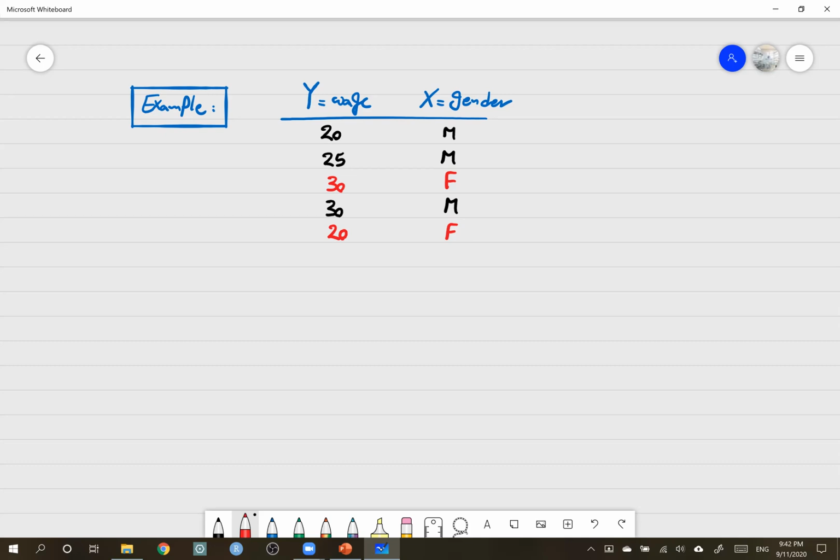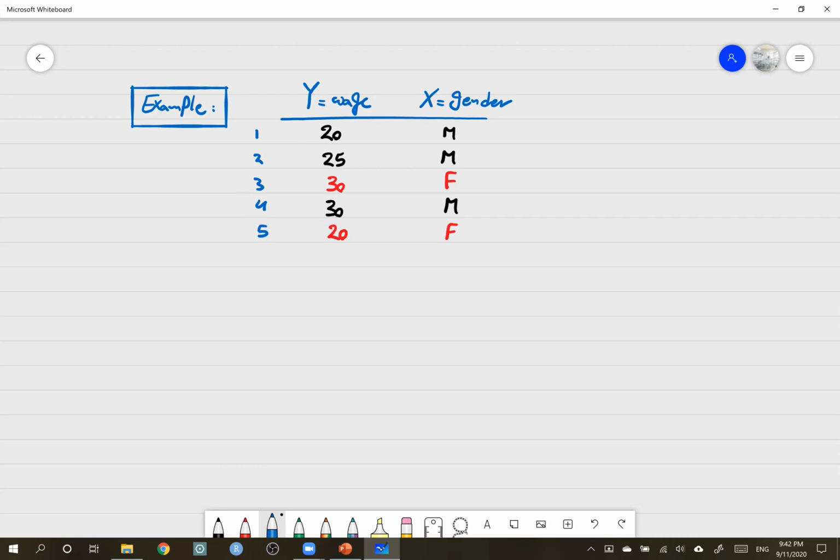Now, imagine I have 5 observations in this data set, and these are the numbers. Observation number 1 is a male with a wage of $20 per hour. I'm going to color code whatever we say here. Observations 1, 2, 3, 4, and 5.